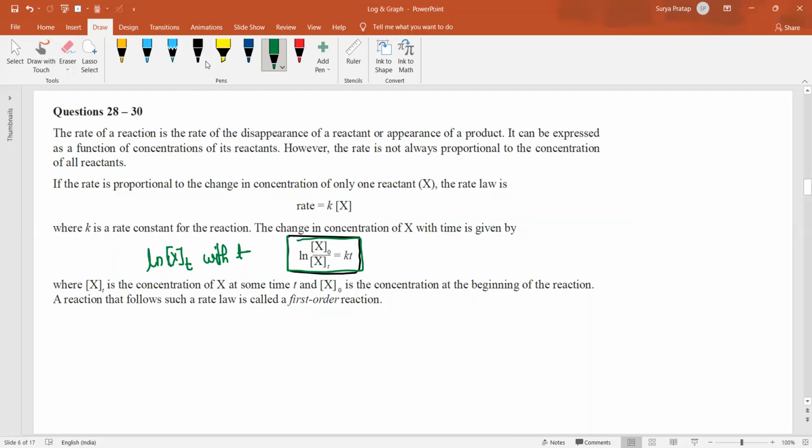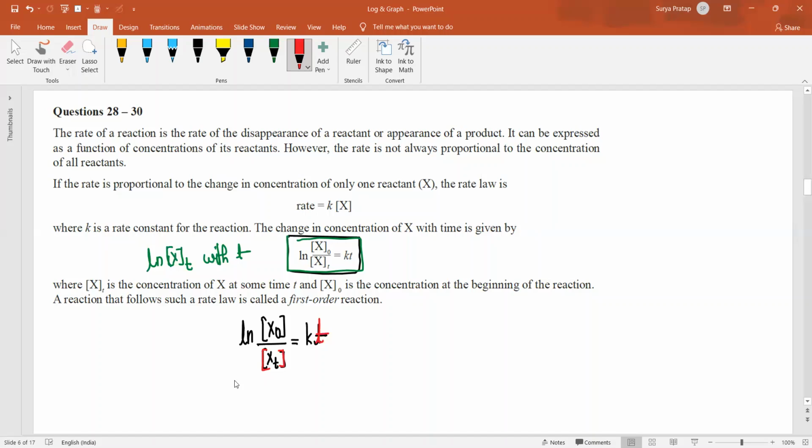Can any one of you see this or understand what I mean? So they are saying log of x naught over xt is equivalent to kt. We have to form the relation between what? We have to form a relation between xt and t. Can anyone tell me which approximation I have to apply here first, just to see the relation?